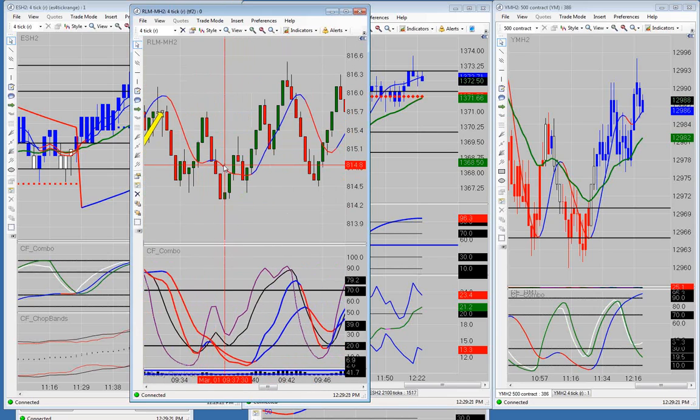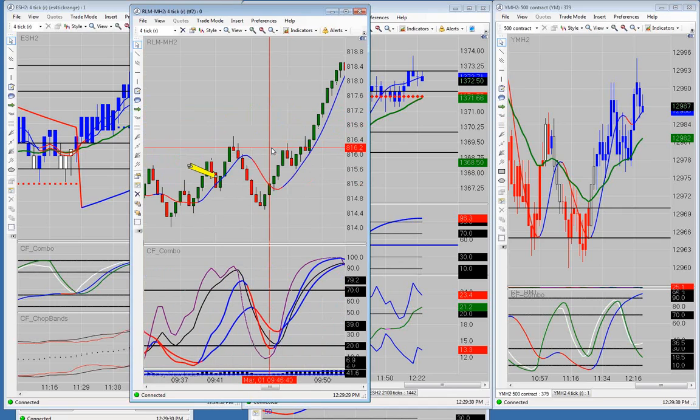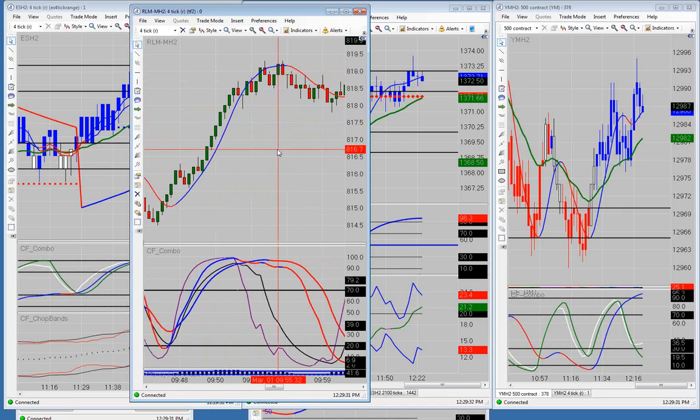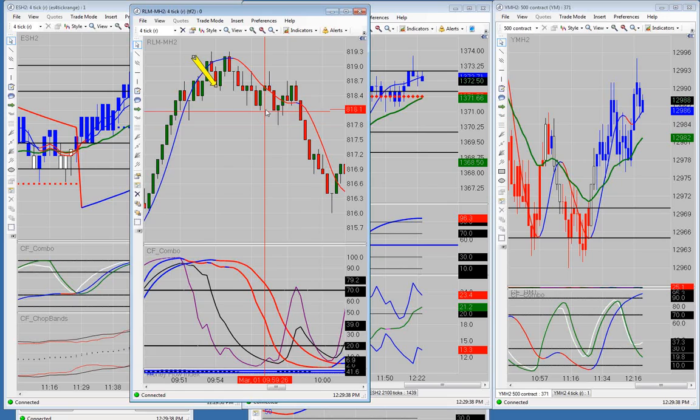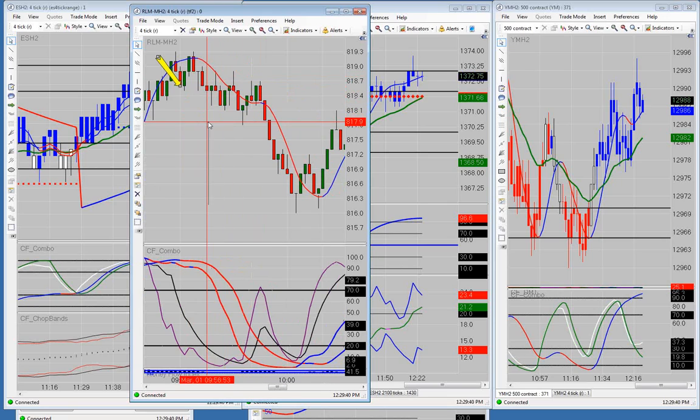And I went short right here, and I believe I got a break even on that. I went short over here, and I lost a few ticks, 6 ticks again, I believe.